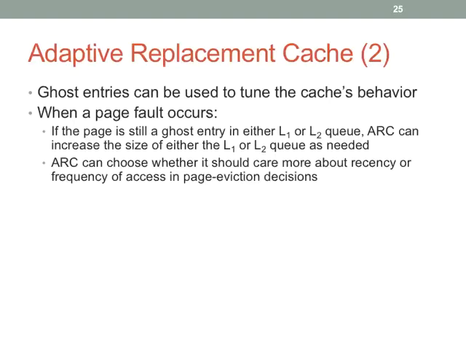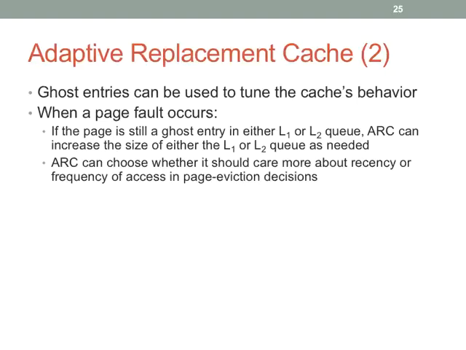Well, basically, if a fault occurs, and it's a fault against one of these ghost entries, then I can actually tune the sizes of my queues. So if I get a fault against L1, for example, where I only consider the most recent access, I can increase the size of that cache. Or if it's a fault against a ghost entry in the L2 cache, then I can increase the size of that.